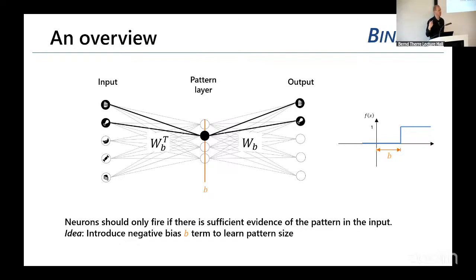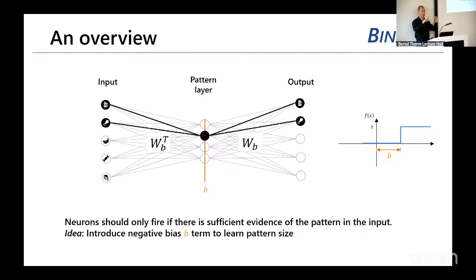For this, we use a bias term. So every individual neuron in the hidden layer gets a bias input. So some neuron that's always on and then another weight. And how we now interpret this is basically it subtracts that from the input that the neuron receives. So if the bias is very high, that means that we subtract a lot, so a lot of the input needs to be on.